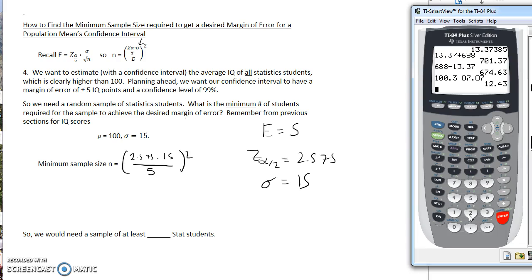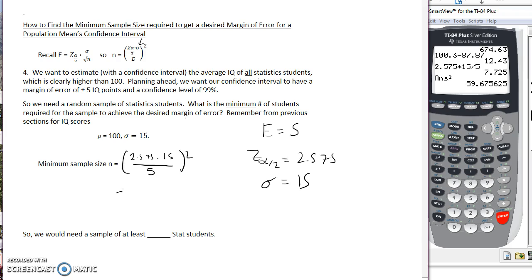So to do this, it would be 2.575 times 15 divided by 5, and then we're going to square this number. And I get 59.7. Now we have to round this up, remember, so we would need to get a sample of at least 60 stat students.